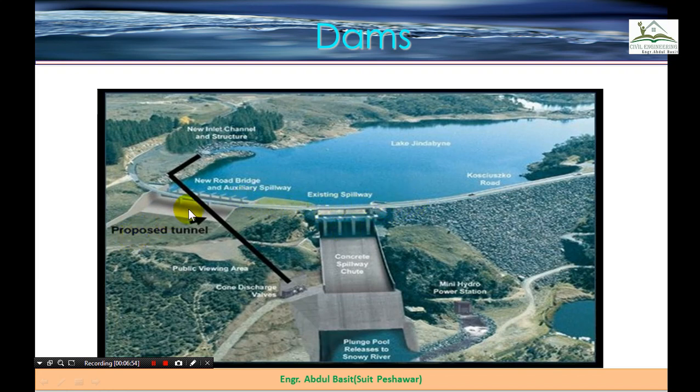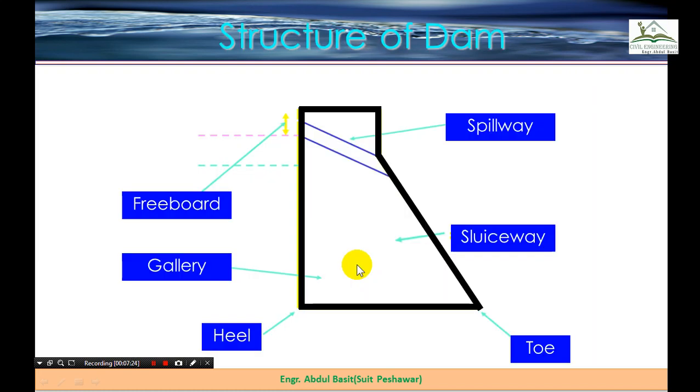This is the tunnel which can be used in case of floods, to control the flood and to divert the water from the river on the downstream side in some other direction, so that we can manage the water that should flow in this river. And we have this new inlet channel, which may be used for the power generation penstocks as well.